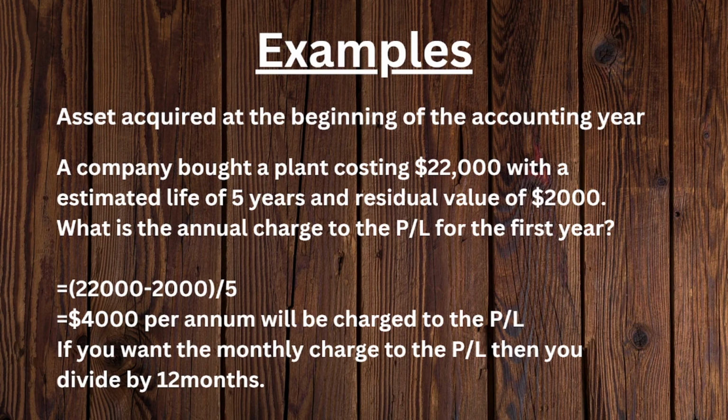So always you have to look at what the question requires of you to be able to answer it correctly. The most important thing is for you to know the formula.